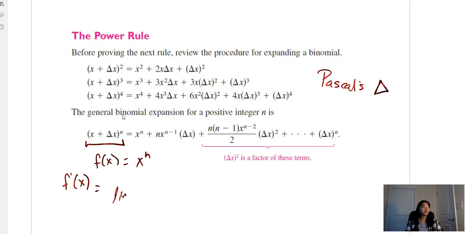Because if you have the limit as delta x approaches 0 of f of x plus delta x, that means you have x plus delta x to the n power minus x to the n power, all divided by delta x. Yes? So then, and I'm going to be really lazy here, I'm sorry about the laziness.